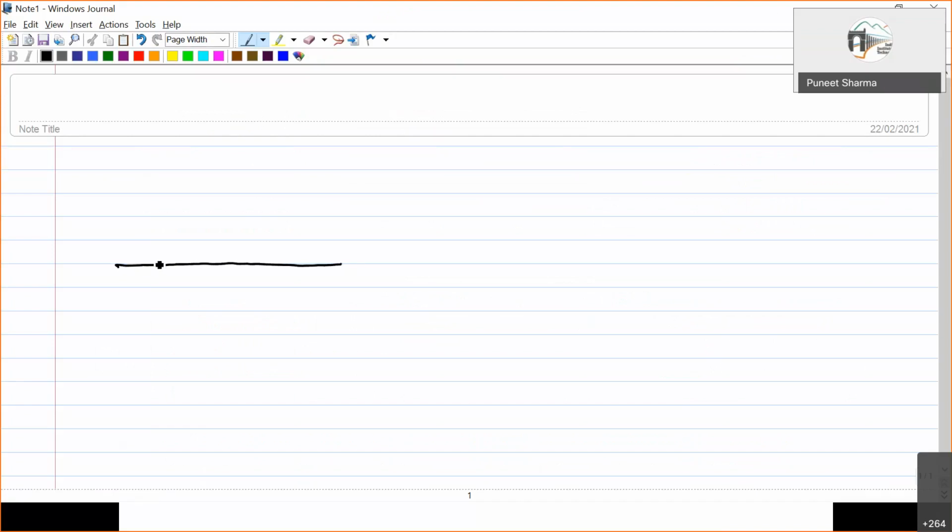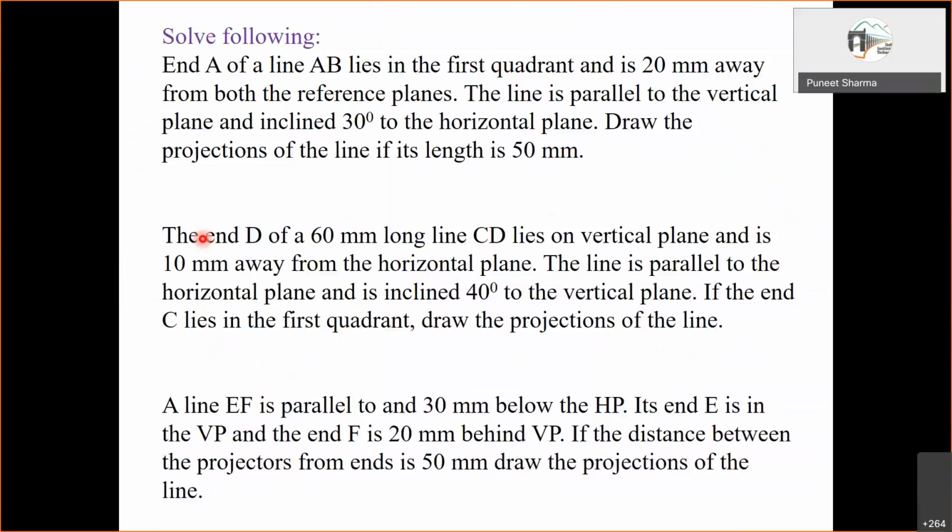First of all, we need to locate A dash and then A: 20 mm above the XY line and 20 mm below the XY line. Then you have the inclination. Here the inclination is 30 degrees and the length is 50 mm.